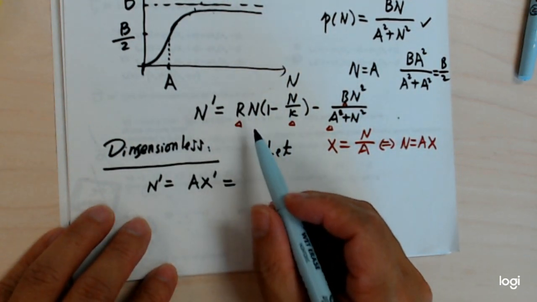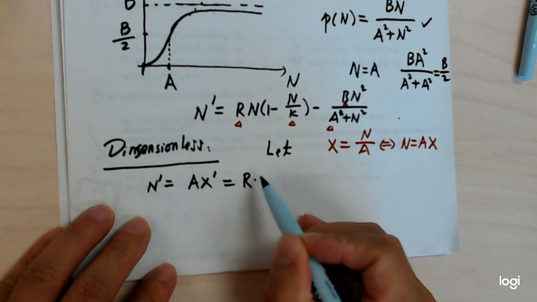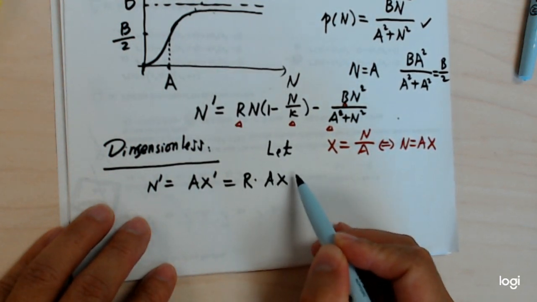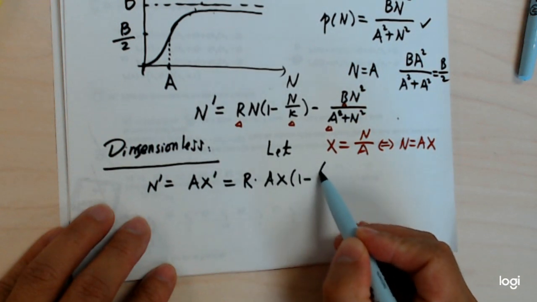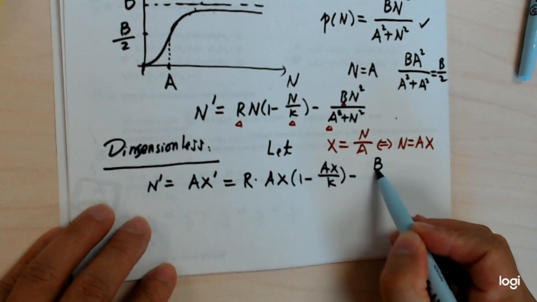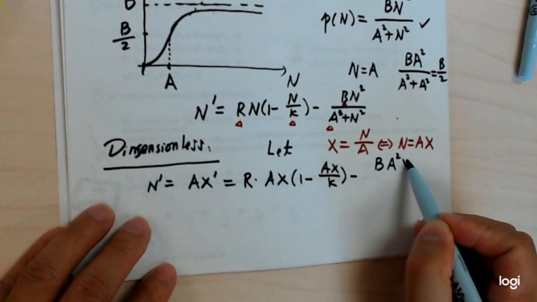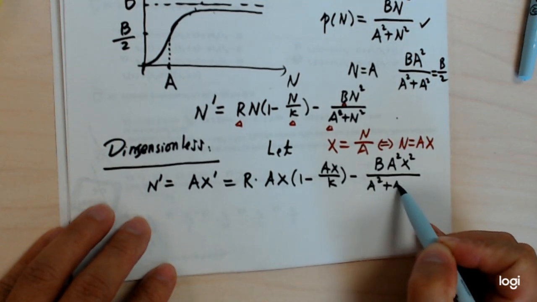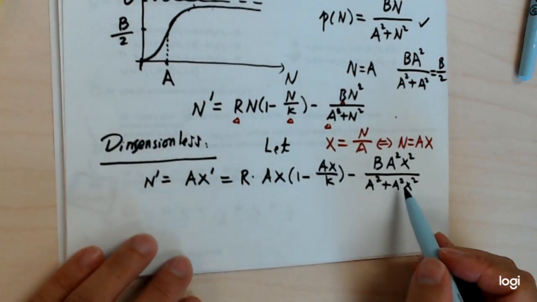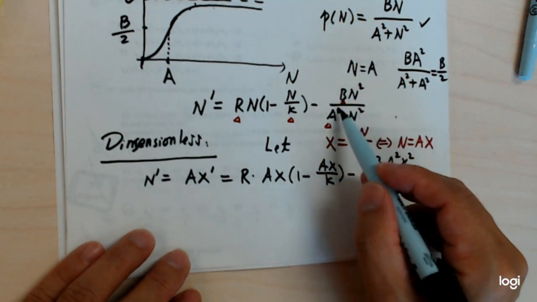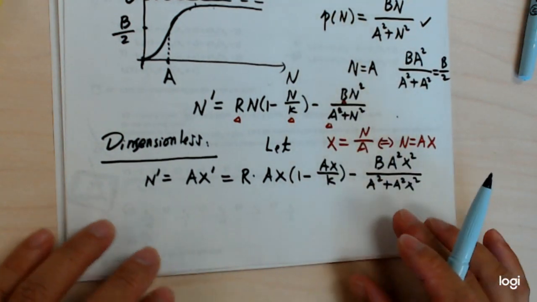R stays the same. N is ax. So now you see the reason we're doing this. We are going to eliminate the parameter a from this last term here.